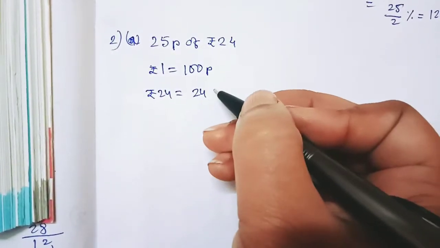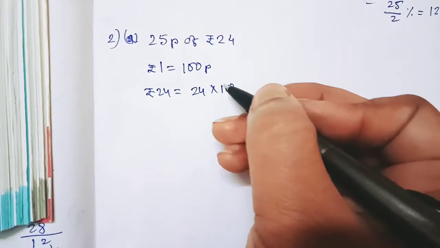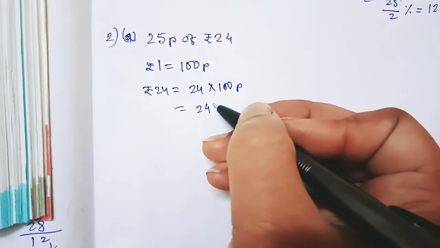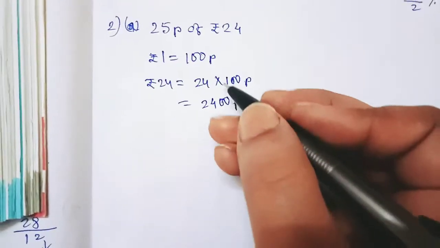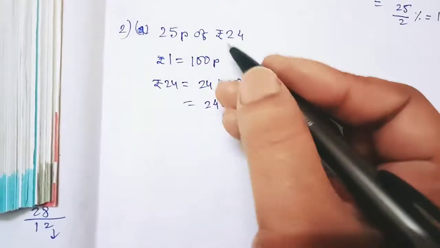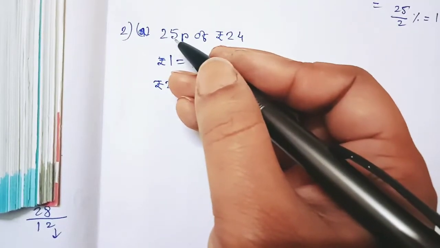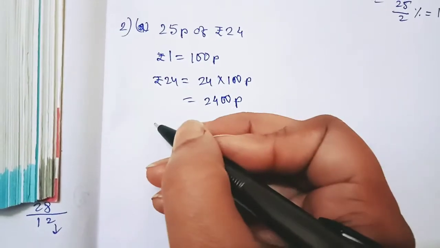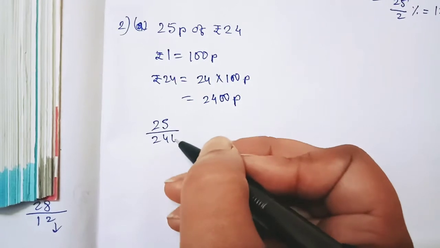You will multiply 24 into 100, because there are 100 paisa in 1 rupee. So it will now become 2400 paisa. Now we have to convert 25 paisa out of 2400 paisa. So write down 25 by 2400.